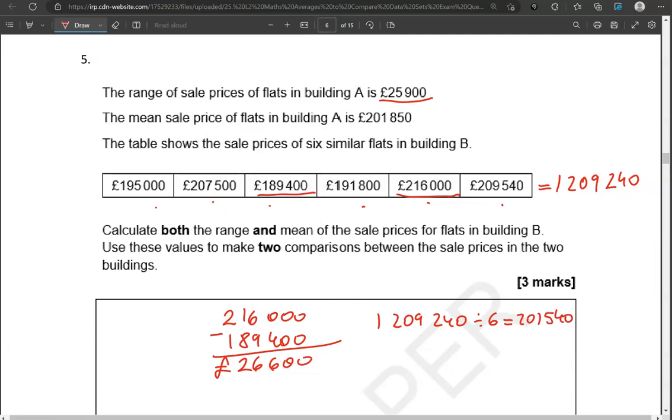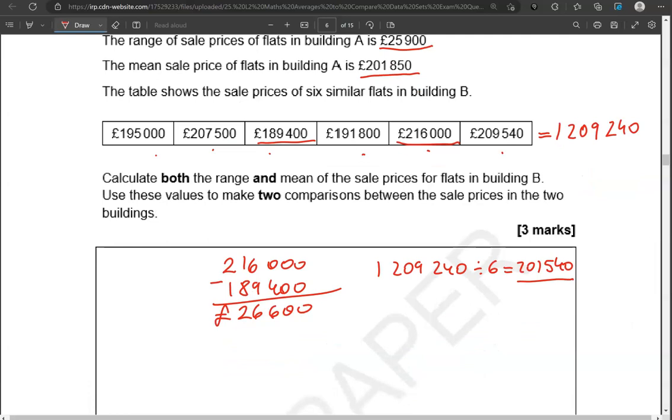So comparing that with 201,850, this is lower. So Building B has a lower mean and a higher range.